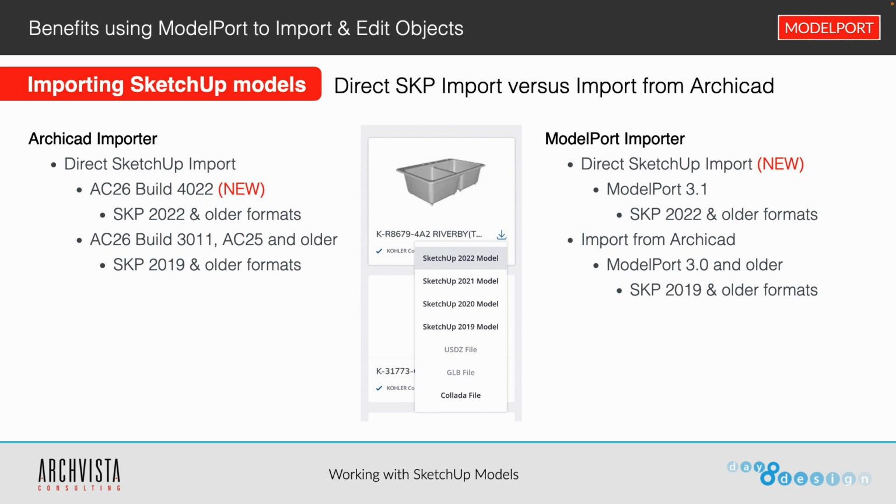So before we had this direct SketchUp option in ModelPort, you would have to import your SketchUp model through the default ArchiCAD import process, place it into the floor plan, select it, and then you could use the import from ArchiCAD option in ModelPort to bring it into ModelPort to further edit it. But now we can use the direct SketchUp. Now, with that said, that import from ArchiCAD option, which I'll show you in a minute, can be used in other ways in addition to importing older SketchUp model files.